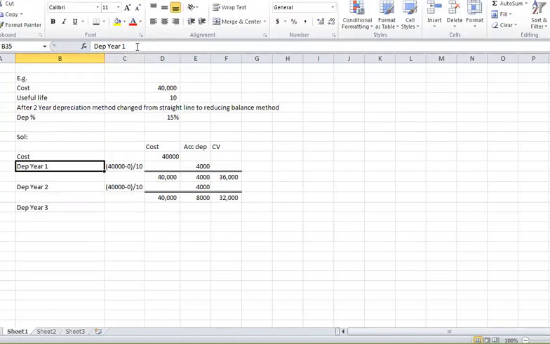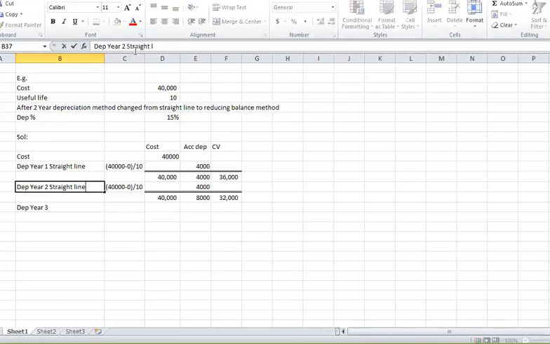in the year number 1, we were using straight line basis method of depreciation. In the year number 2, once again we were using straight line basis method of depreciation.